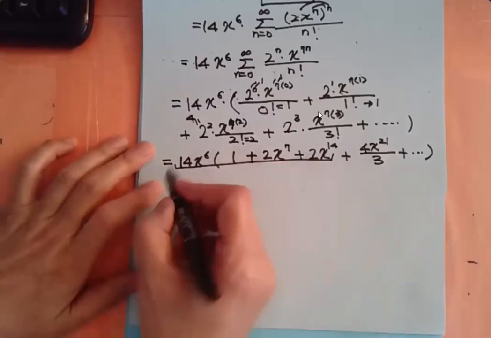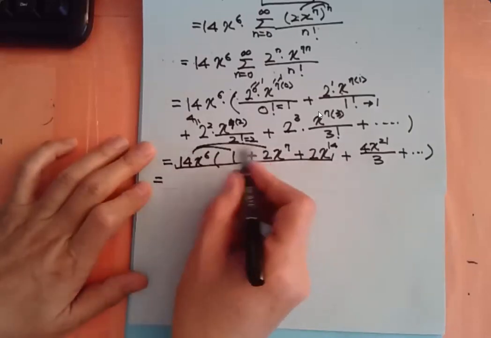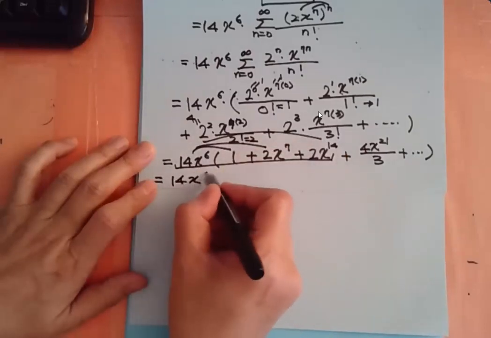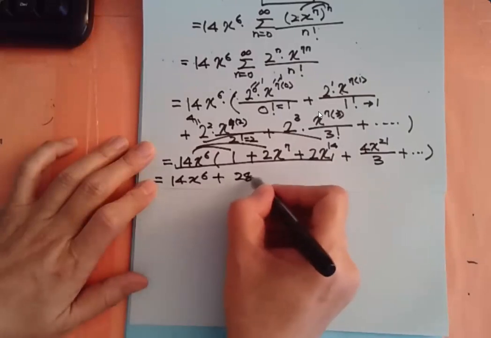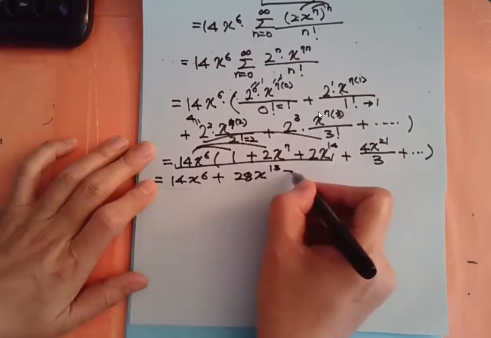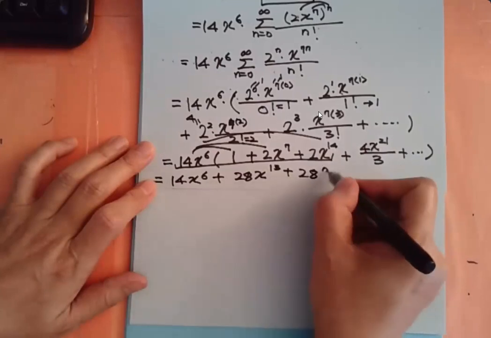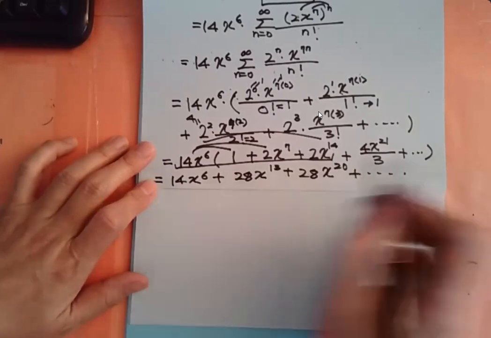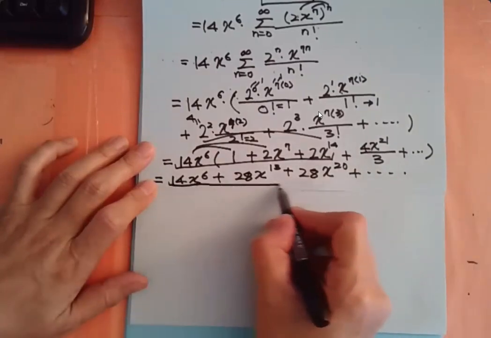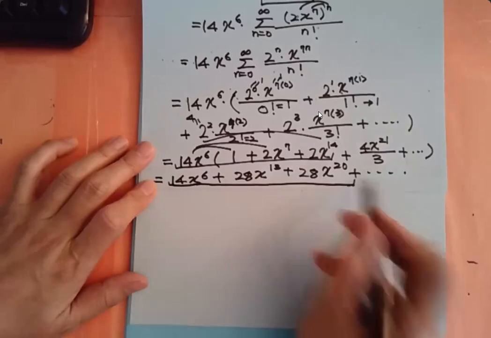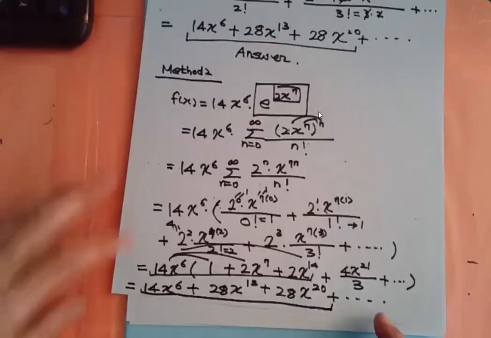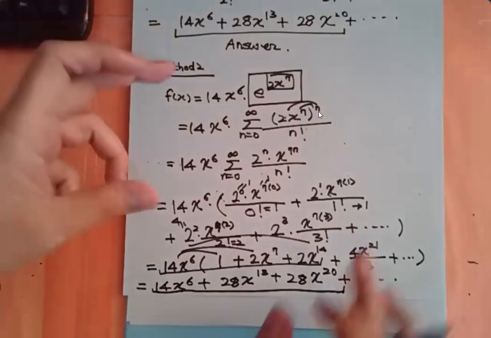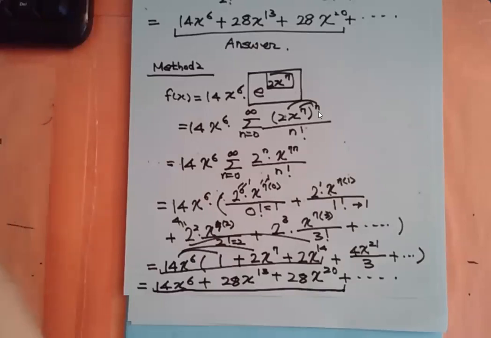So when we combine those, when we think about the distribution, it becomes 14 x to the 16th power plus 28 x to the 13th power, 28 x to the 20th power plus and so on, right? And so we are asked to calculate only the first 3 terms. So 1, 2, 3, and those are exactly the same, but this one is a lot easier.